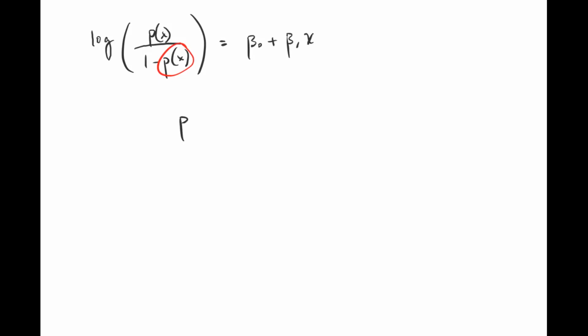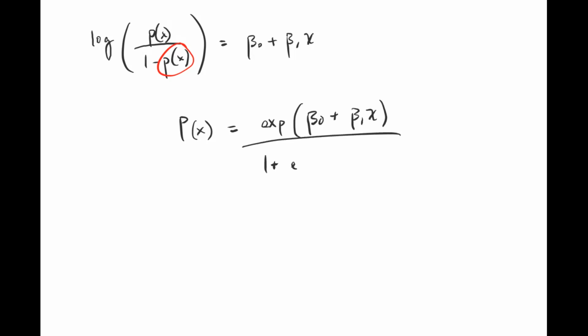So P of X is equal to, if I simplify the math, you end up with something that looks like this: exp of beta 0 plus beta 1x divided by 1 plus exp of beta 0 plus beta 1x. And this is known as the inverse logit.